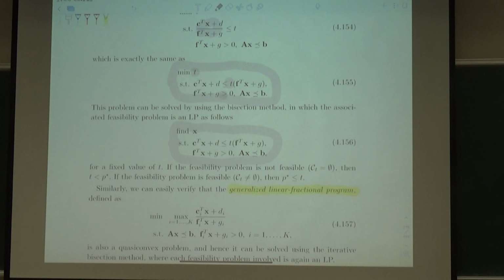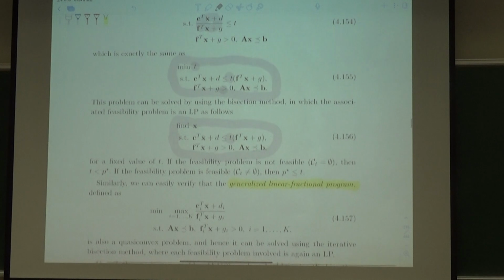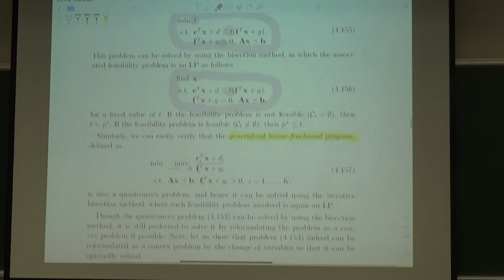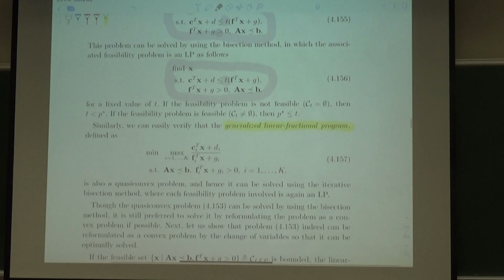Then we can apply, for fixed t, the bisection method to get a numerical solution. Just apply the above algorithm. It's very fast because bisection is fast.